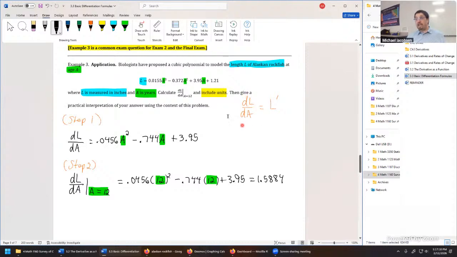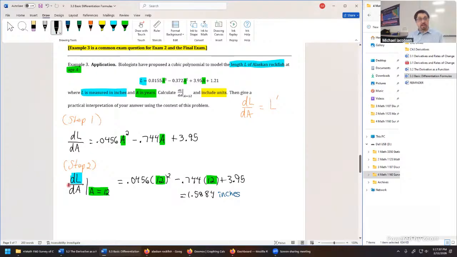And this is the beauty of Leibniz notation. Leibniz notation is telling you the units. It pops out on the page. You look at the numerator, the units were in inches. So we have, let me drop this down just so we can see this better, 1.5884 inches.